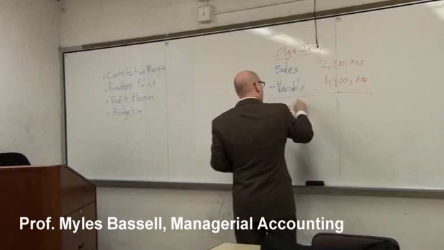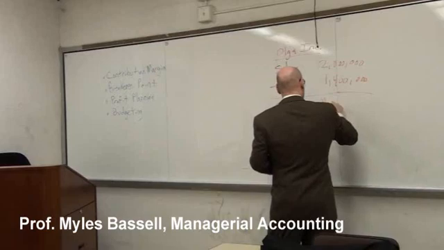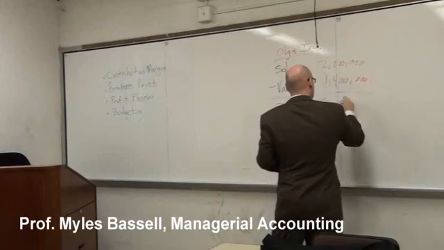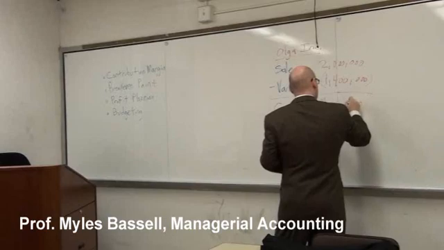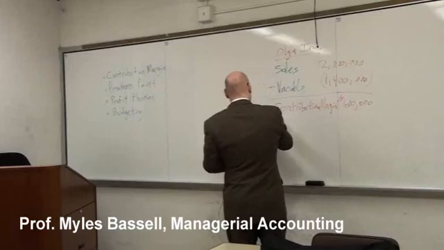And that gives us a contribution margin of 600,000, minus the fixed expenses, which in this case is 360,000. That gives us net income of 240,000.